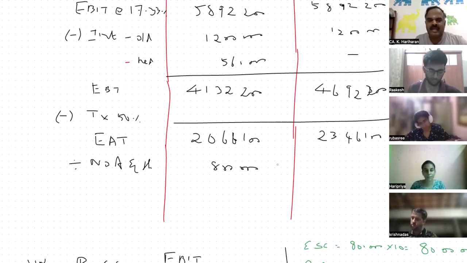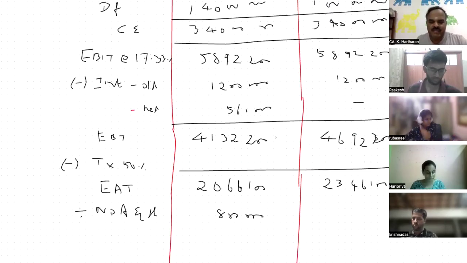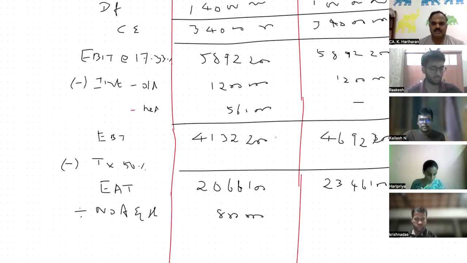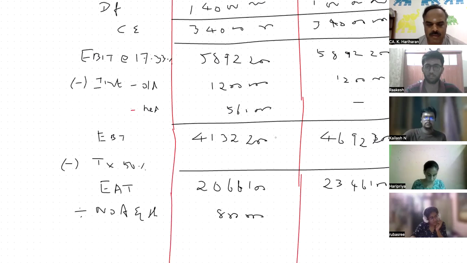But they have given some information. If the debt equity ratio is higher than 35%, it pushes the cost of equity up to 12.5%.